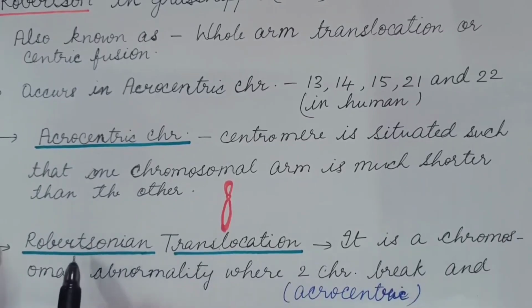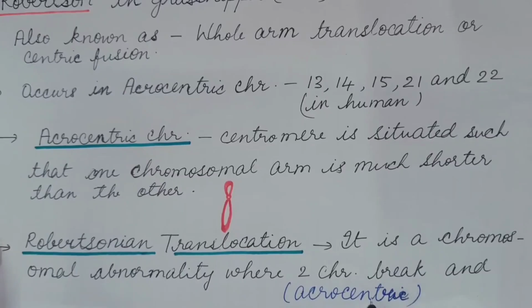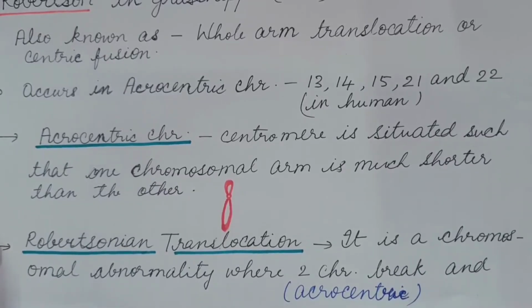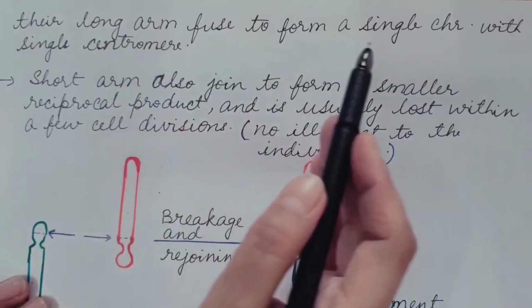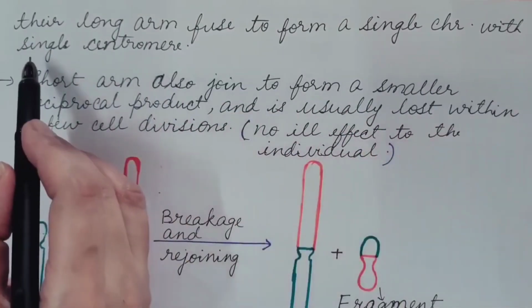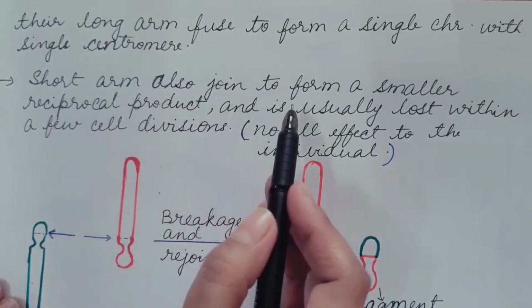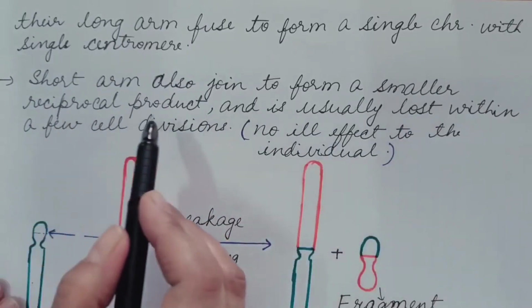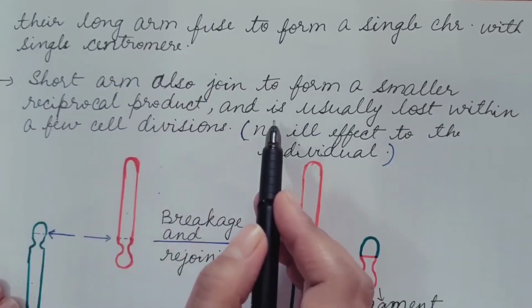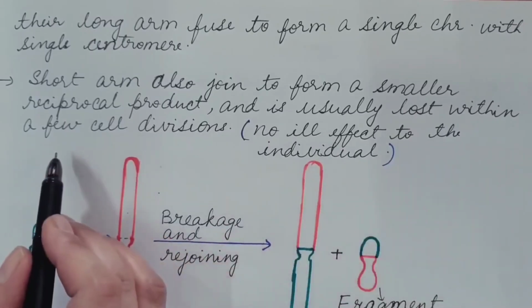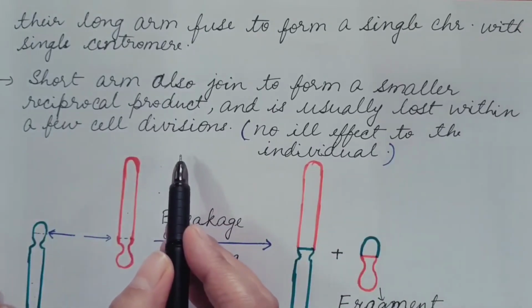It is a chromosomal abnormality where two chromosomes break. These two chromosomes are acrocentric and the long arms fuse to form a single chromosome with a single centromere. The short arms also join to form a smaller reciprocal product, which is usually lost within a few cell divisions.